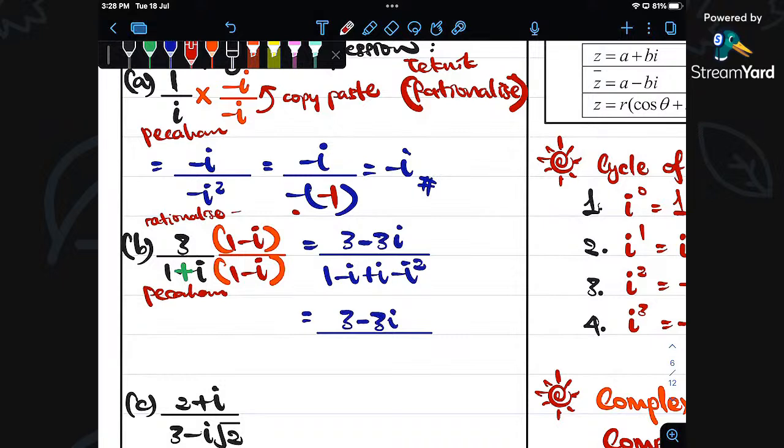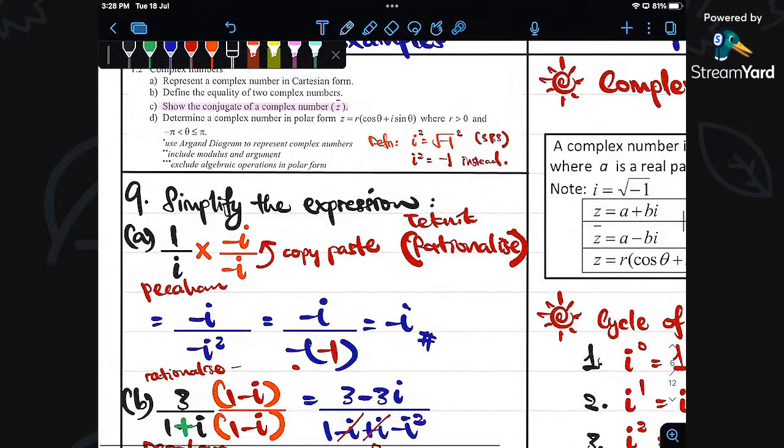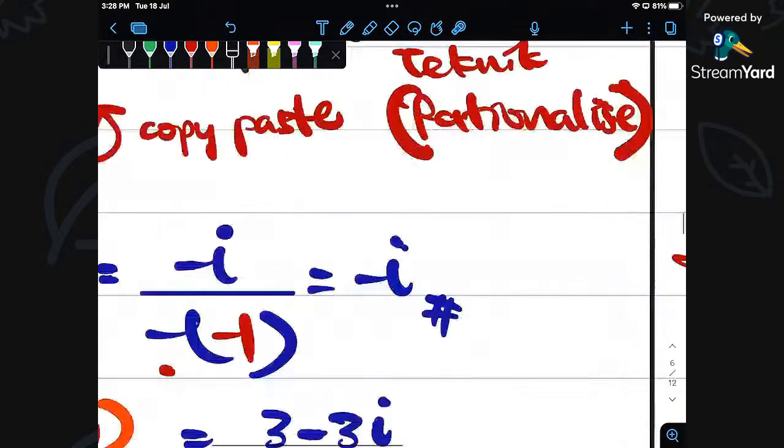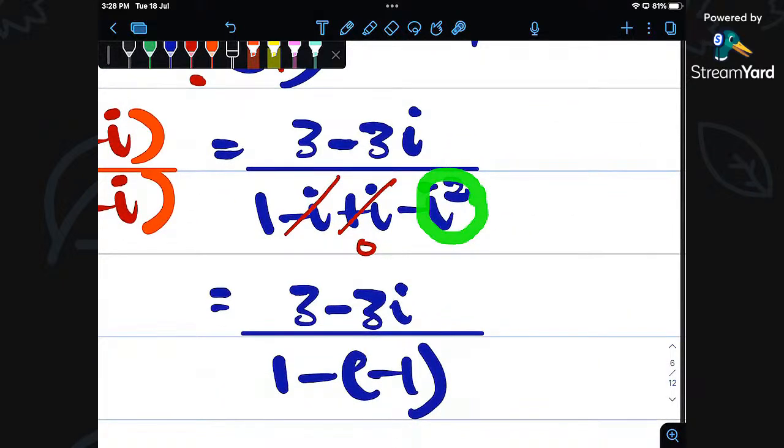So you can see this is negative I plus I is 0. And then you can see here 1 minus I squared. Tetapi I squared sebenarnya adalah negative 1. Do you remember? The definition said that setiap kali berjumpa dengan I squared, you boleh transform menjadi negative 1.